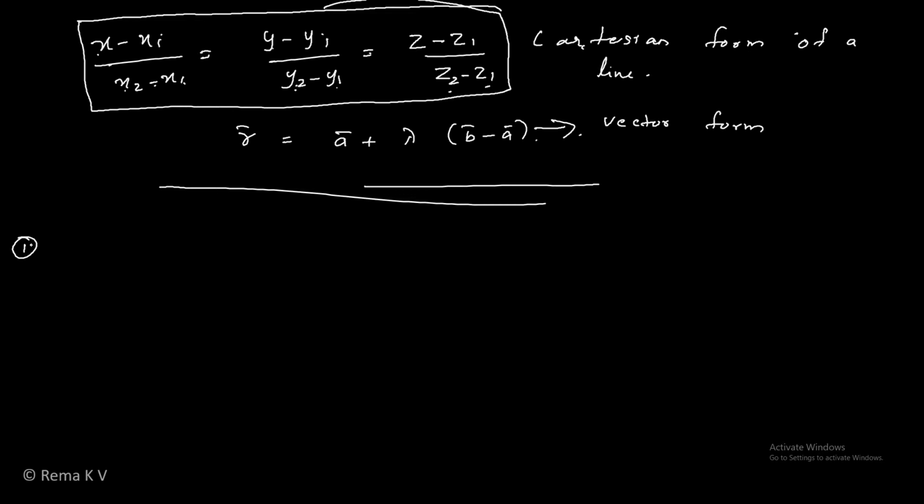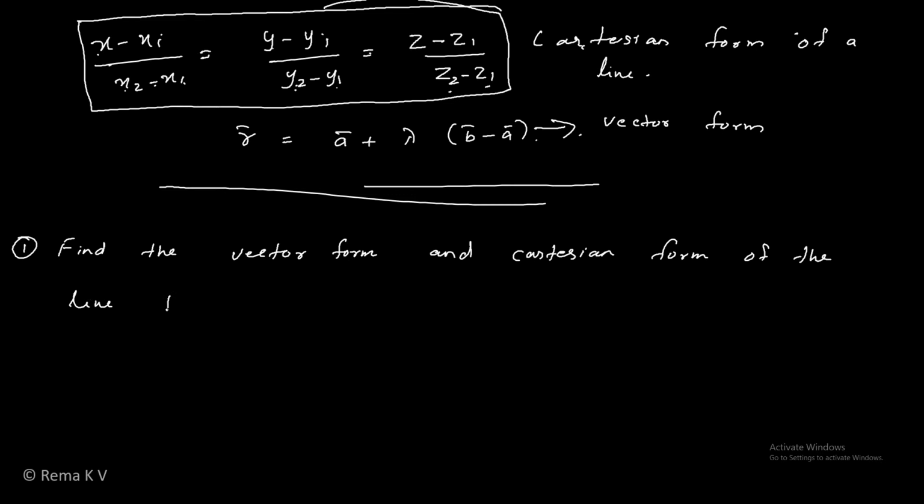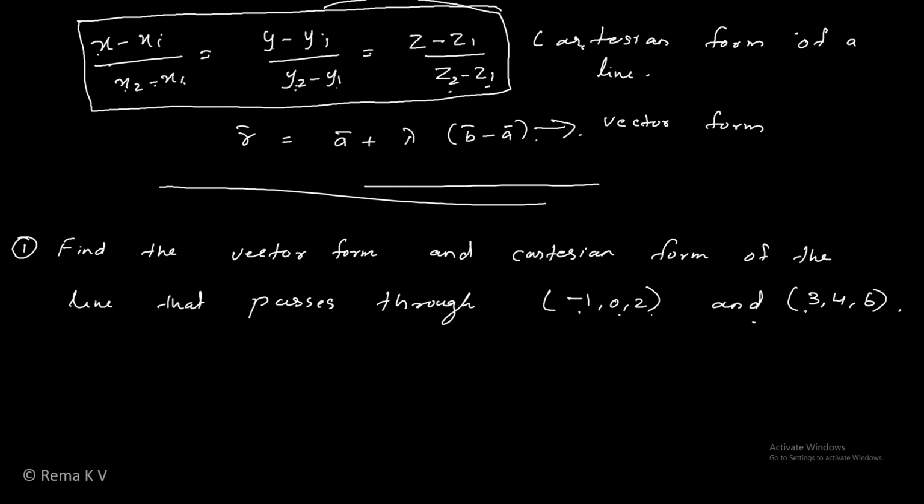So let us do some problems. Find the vector equation and Cartesian equation of the line that passes through (minus 1, 0, 2) and (3, 4, 6).